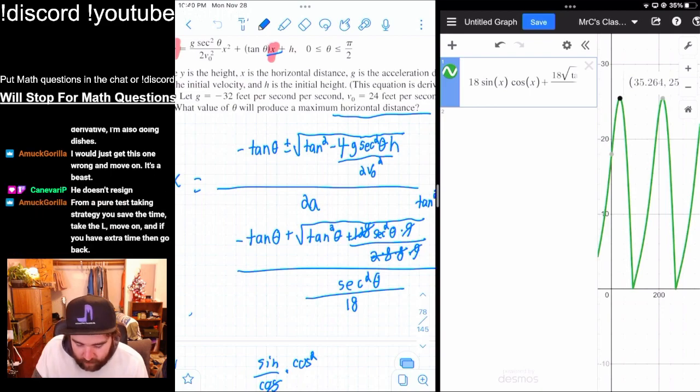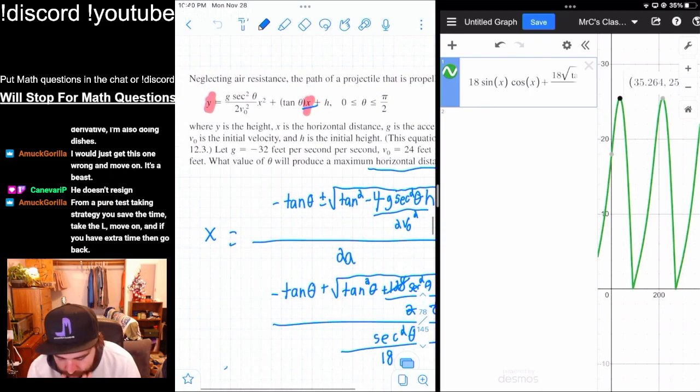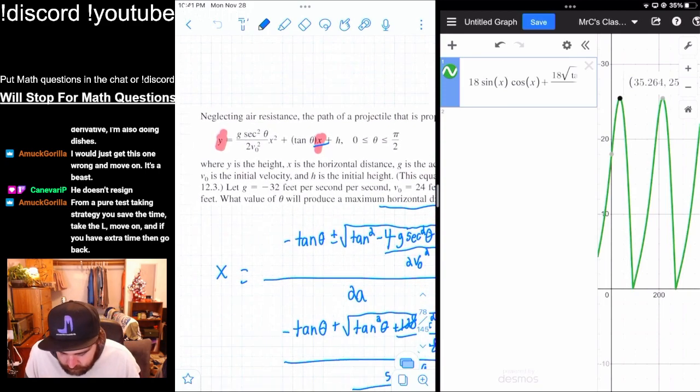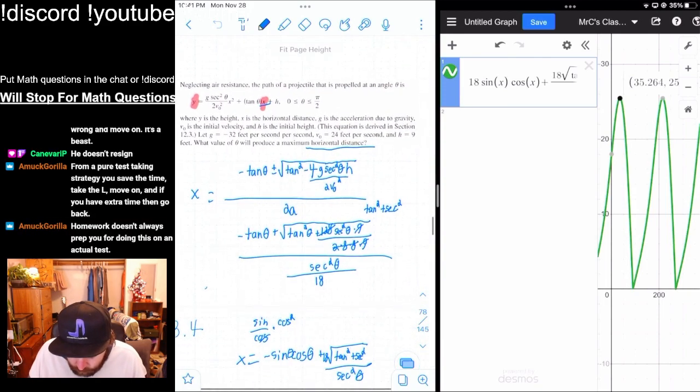I just don't see how that negative canceled out, and I'd like to see that. From a pure test-taking strategy, it's definitely important to just leave. But I'm trying to get all of these, or at least understand why I'm not getting it.